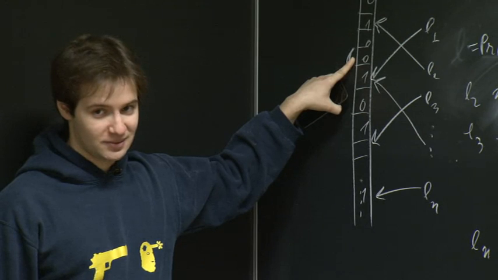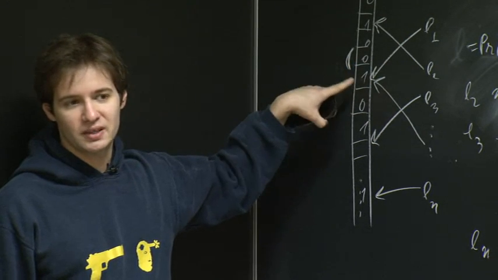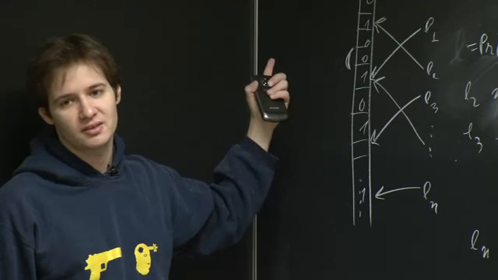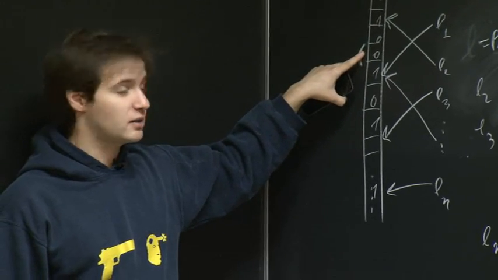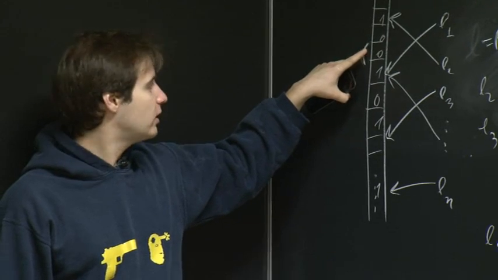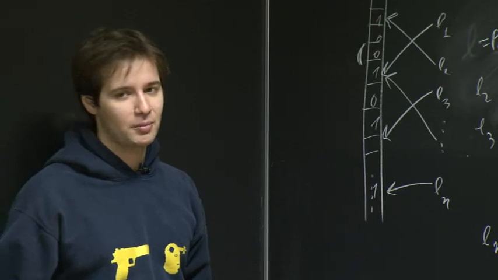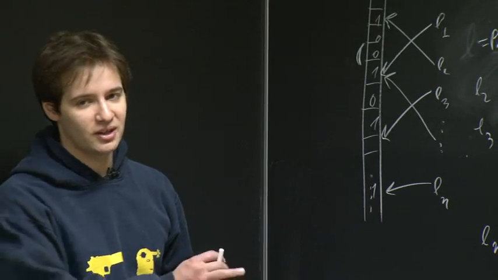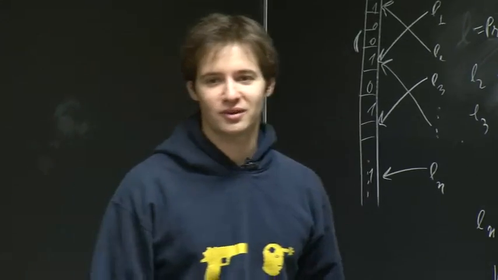Exactly. The probability that it would hash here is 1 over m, because it has to pick that one slot out of m possible slots. But if all I want is that it doesn't hash here, it can hash anywhere else. So it has m minus 1 options. It can go to any of those m minus 1 places, just not that one place. So m minus 1 over m.